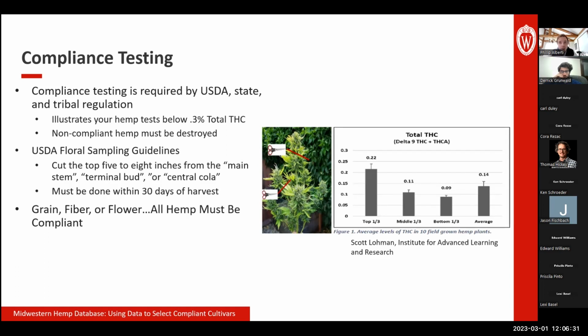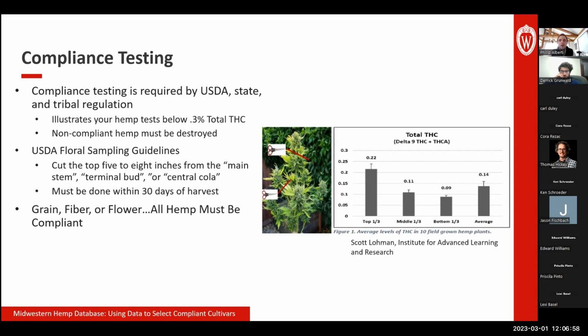THC, CBD, essentially cannabinoid concentration, will decrease as you move down the plant canopy. So following the sampling guidelines that the regulatory bodies follow is very important. You'll be doing yourself a disservice to test lower portions of the plant, because the sampling agents will come out and test the more densely populated top part of the plant.